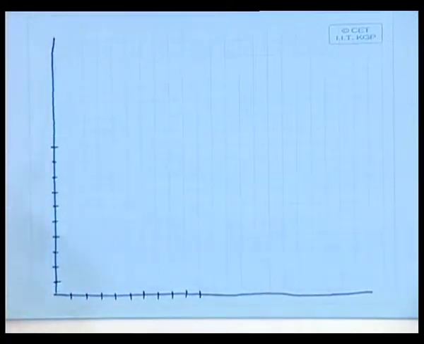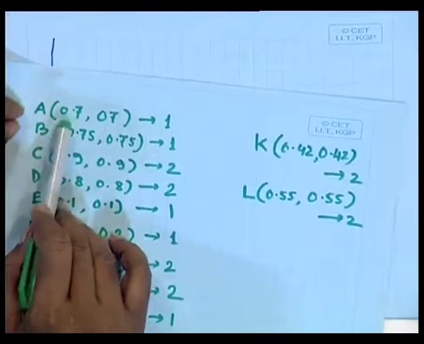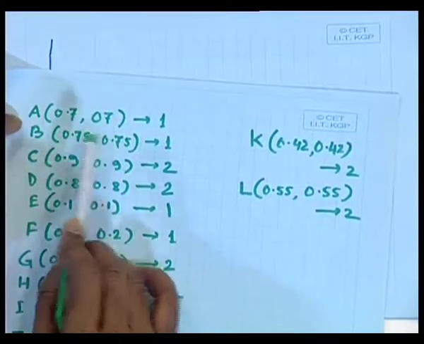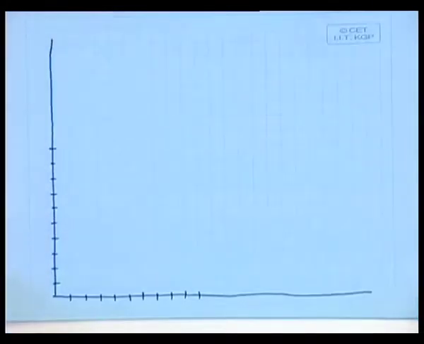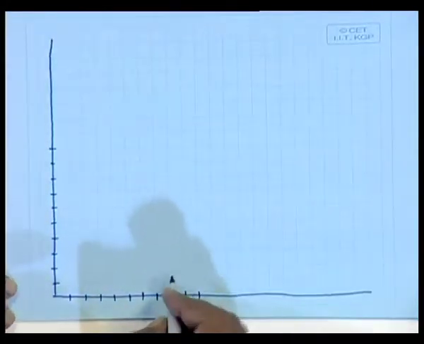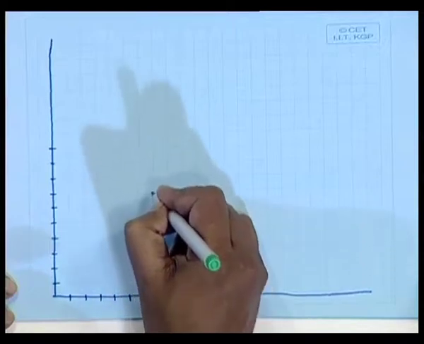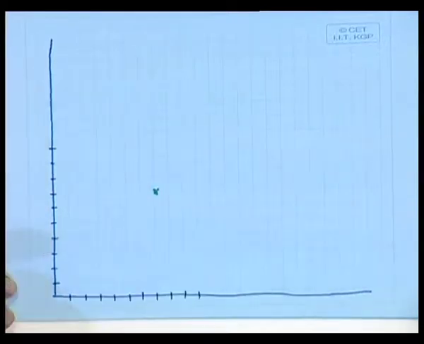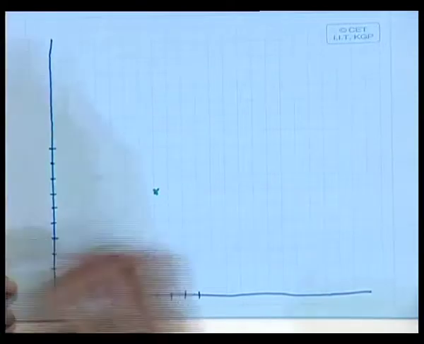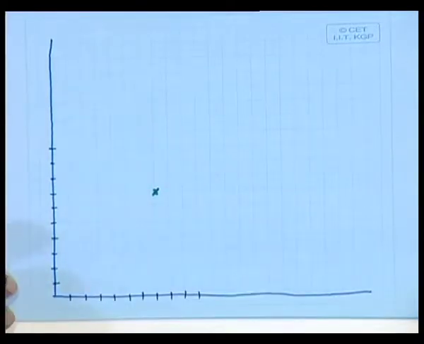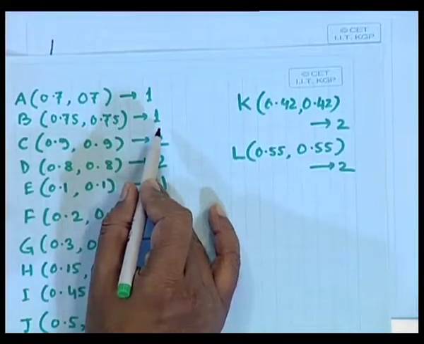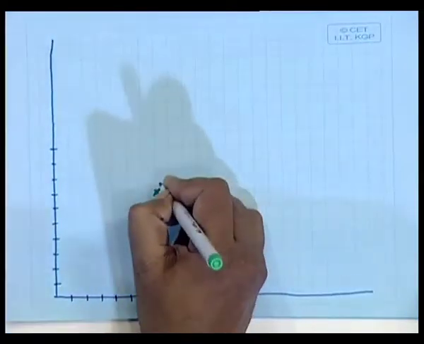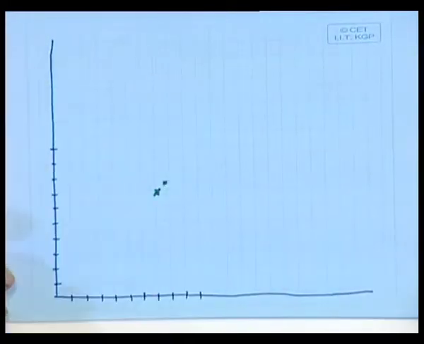You find that the first point that I have, that is A, whose coordinates are 0.7, 0.7, and this sample belongs to class 1. So, this is 0.7, 0.7, and this sample belongs to class 1. The next point is 0.75, 0.75, that also belongs to class 1. So, this 0.75, 0.75 will be somewhere here, and this point belongs to class 1.